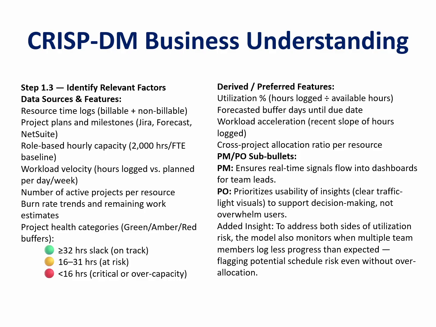We want to be able to have the model flag when team members are logging less than expected, or they aren't going to meet the target dates, or underutilized as a resource itself, but also when they're trending to over, right? They're reaching burnout levels, or they're being overutilized, and flag both sides of that potential risk.